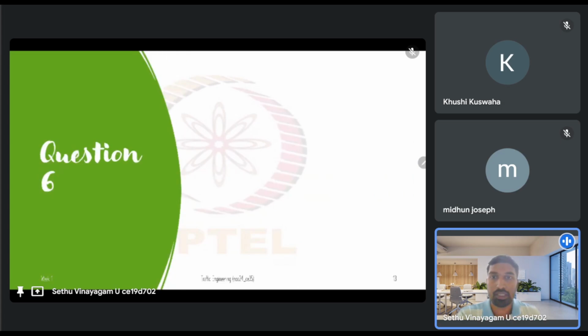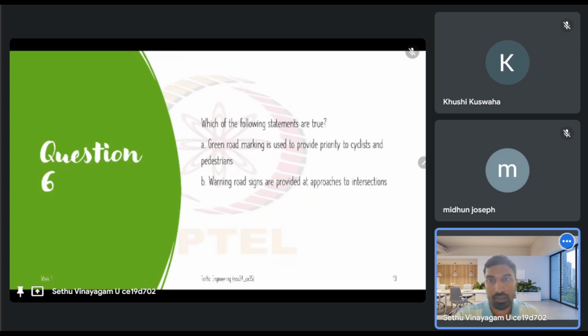Okay, moving on to question number 6: which of the following statements are true? A, green road marking is used to provide priority to cyclists and pedestrians. B, warning road signs are provided at approaches to intersections. And C, usually continuous road markings are provided in case of a warning situation.